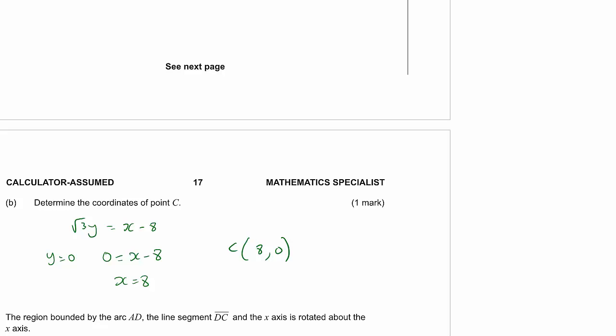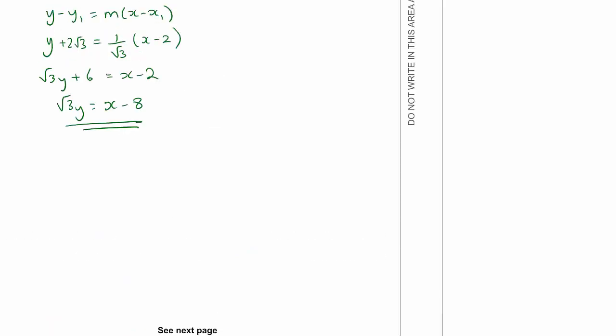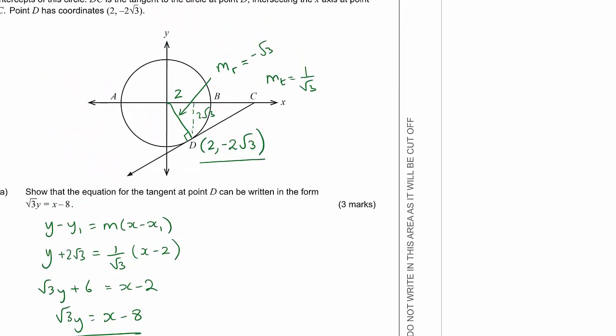The region bounded by the arc AD, the line segment DC, and the x-axis is rotated about the x-axis. So let's have a look at that. Let's get rid of some of my drawing off of that.